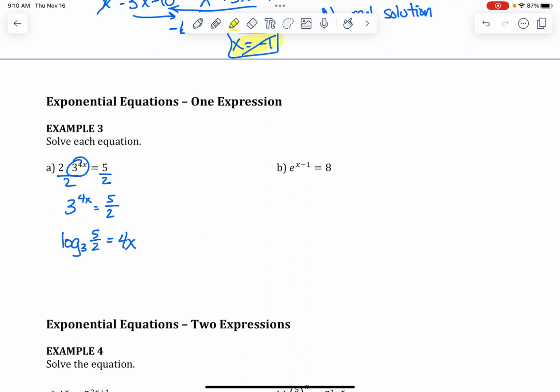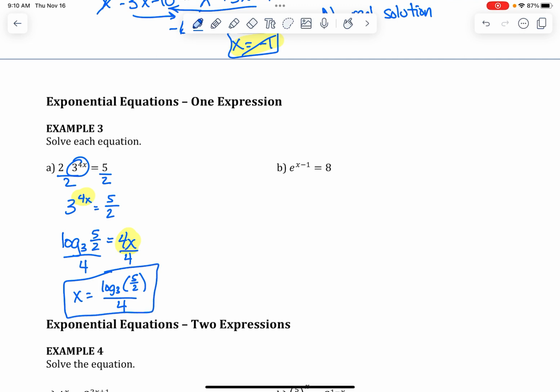So the 4x is always going to be isolated, and it's going to work out nicely because that's the variable you're solving. So when you're solving for x, you simply divide by 4. And so your final answer is x equals log base 3 of 5/2 divided by 4.